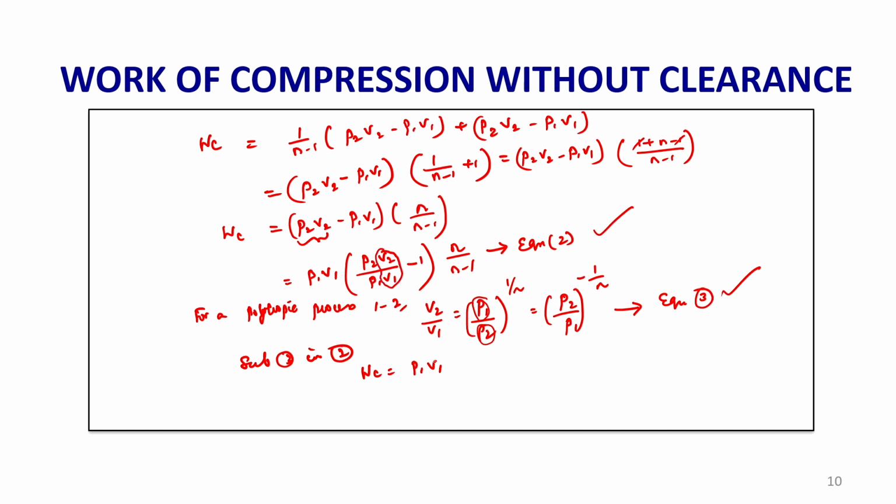So, WC equal to P1 V1 into, instead of V2 by V1 I am going to substitute P2 by P1 whole power minus 1 by n, and I have minus 1, close the bracket, into n by n minus 1. So, what I have done is I have substituted equation 3 in equation number 2. So, let me write the substituted portion again.